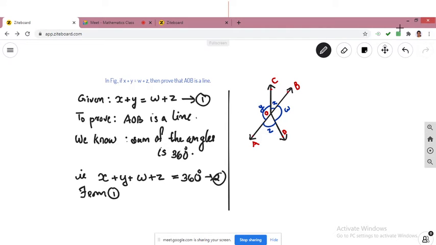So from 1 and 2, what can we say? So I'll be substituting w plus z in place of x plus y. So that is w plus z plus w plus z is equal to 360 degree, right? Yes, ma'am. Yeah. Now tell me what is the next step? So I'll write it here.